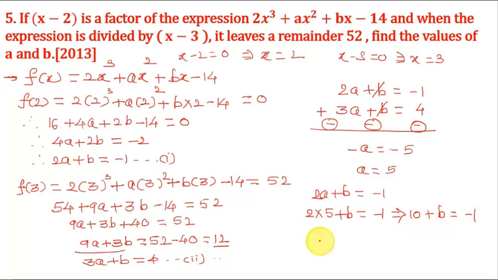Shift this plus 10 to the right hand side, it becomes minus. b is equal to minus 1 minus 10, and that's equal to minus 11. Hence the value of a is 5 and the value of b is minus 11. Okay.